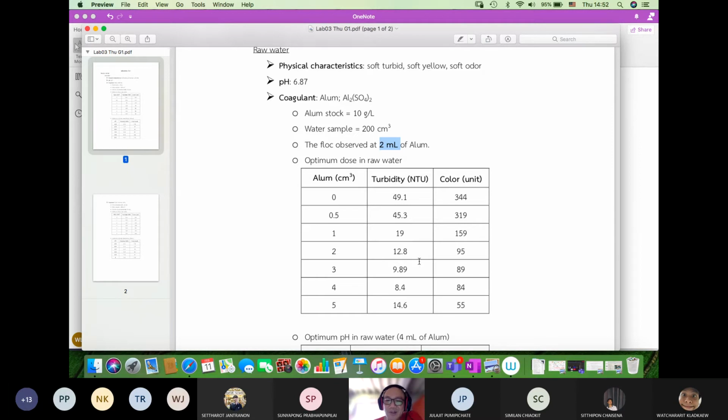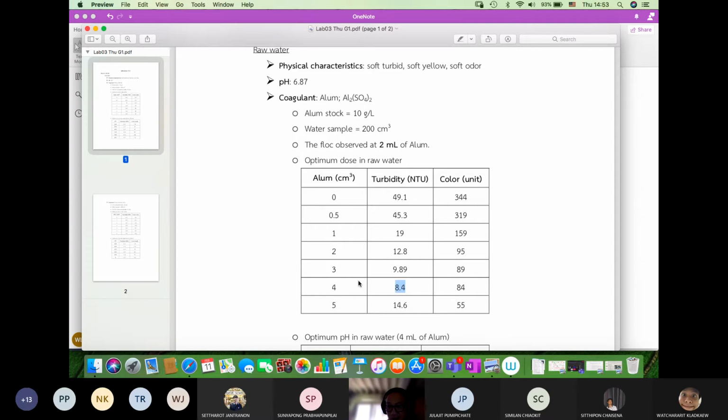If you look into the results, which one gives the lowest turbidity value? This one, 8.4 NTU, which is the lowest. So we can assume that the optimum dose for the alum in this raw water is 4 ml.